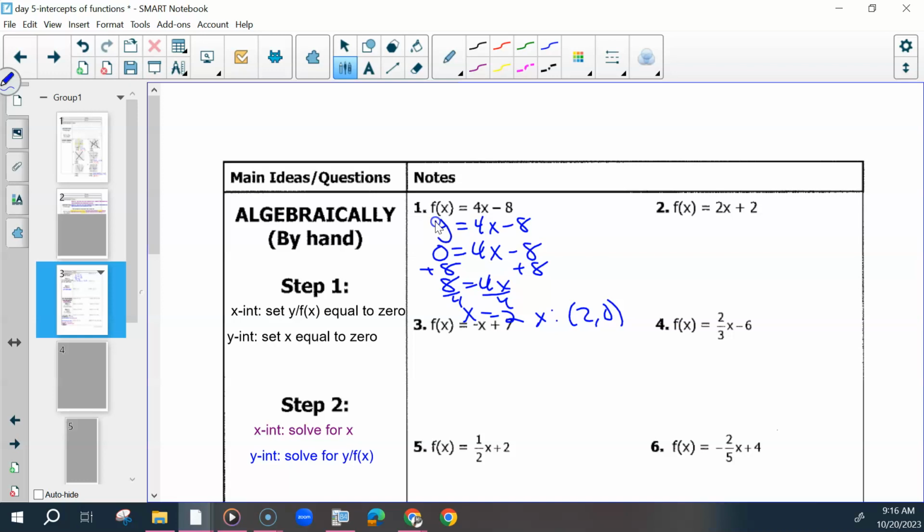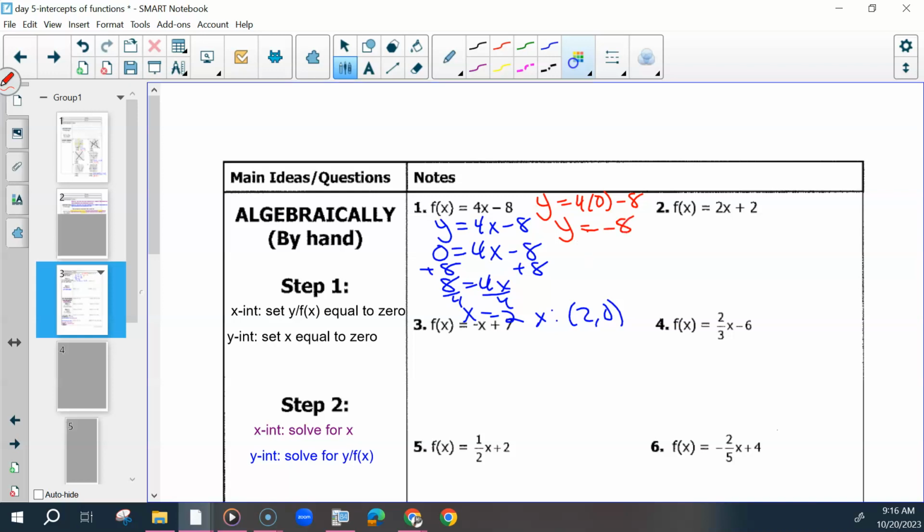Same process for the y-intercept, similar process I should say. We have our equation. In order to find our y-intercept, our x value needs to be 0, so we put 0 in. What would our y-intercept be? -8.